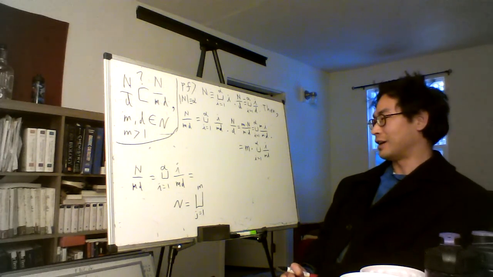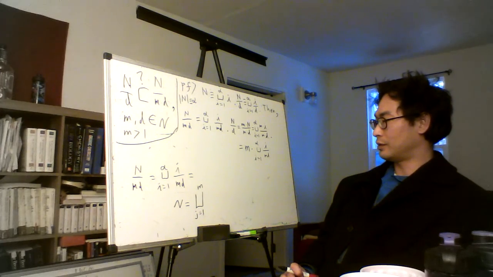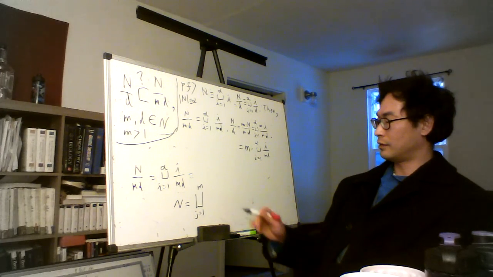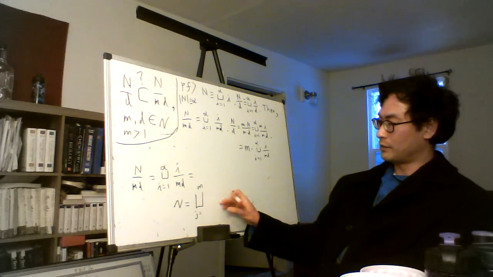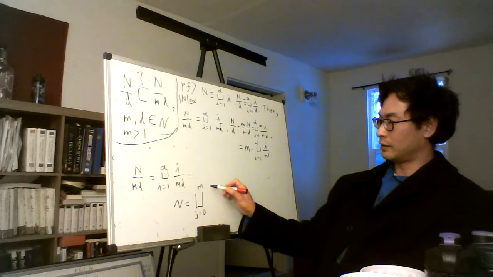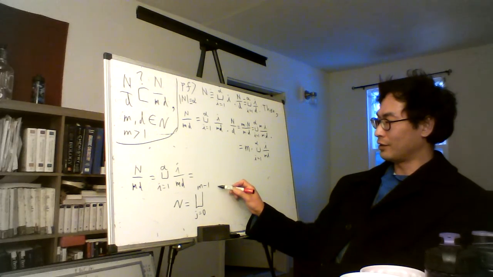We have the remainder set. Actually j from 0 to n minus 1. The remainder set.